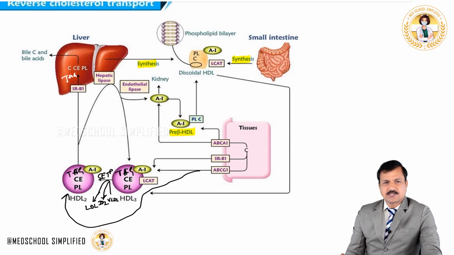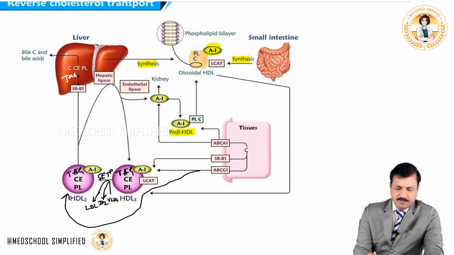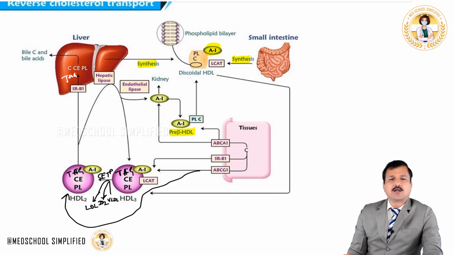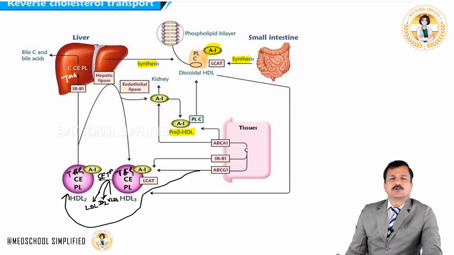The liver has the ability to make Apo A1, the small intestine has the ability to make Apo A1, and also Apo A1s that are budding off from previously circulating HDLs when they are undergoing degradation can also be used.